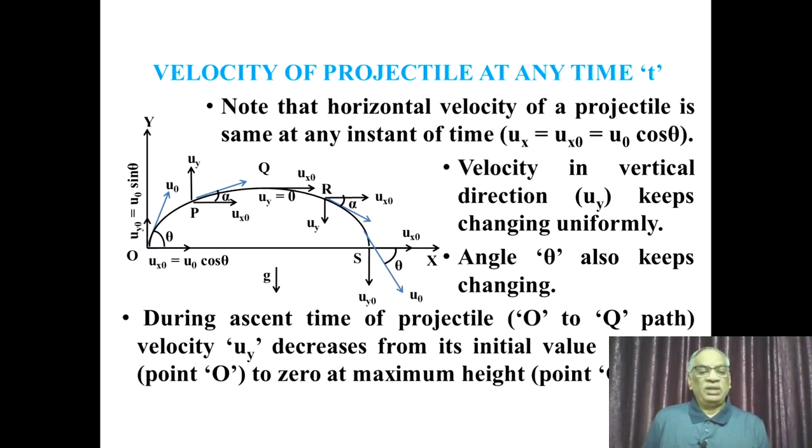This is because during ascent the velocity in the vertical direction decreases from its initial value u₀ sin θ to 0 at the maximum height position, and again increases as the projectile drops to the ground from the maximum height position.